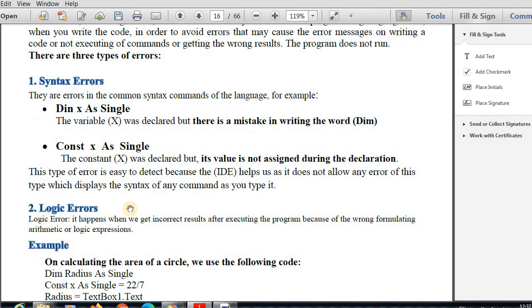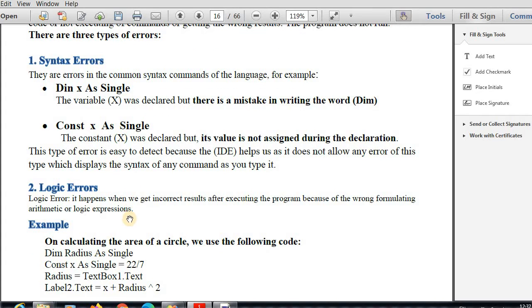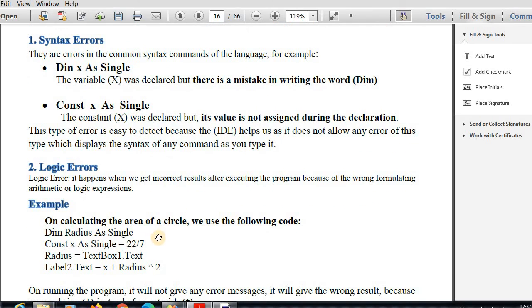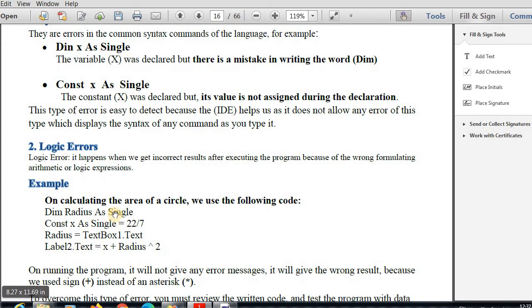The second type is the logic errors. Logic errors happen when we get incorrect results after executing the program because of a wrong formula or arithmetic or logic expressions. For example, this one. Here we are calculating the area of a circle, so we use this code.